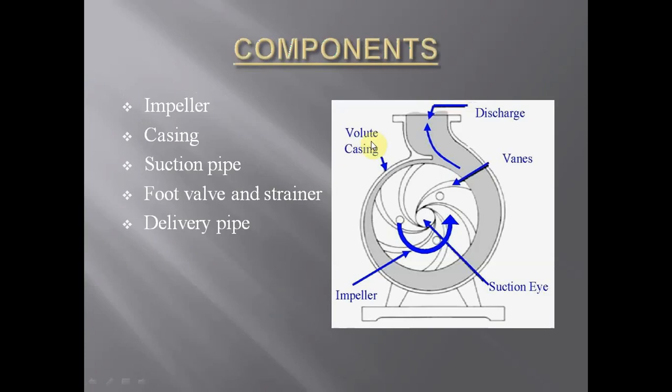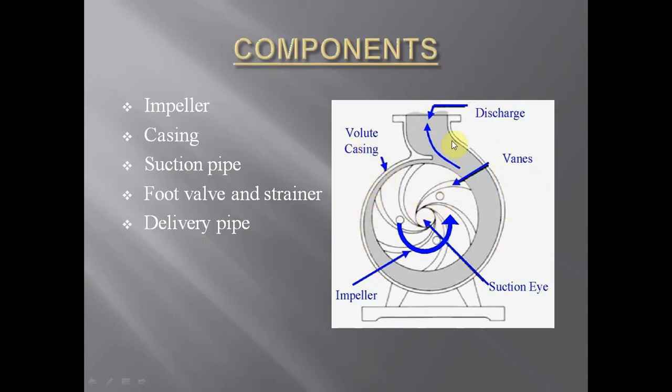Okay, so these are the components of the pump: impeller, casing, suction valve, foot valve and strainer, and delivery pipe. Here the discharge will be there, and these will be the vanes.